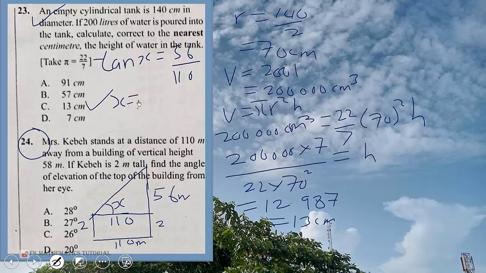So x will be equal to tan inverse of 56 over 110, which is 26.97, approximately 27 degrees. So the correct answer is B.